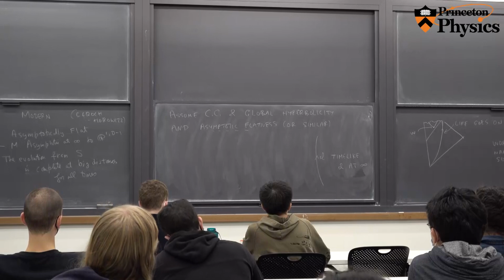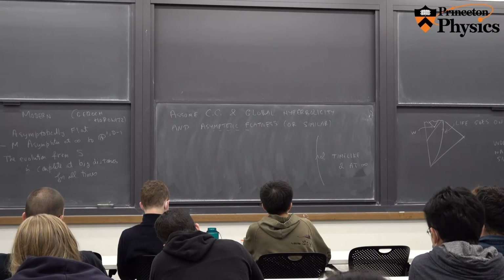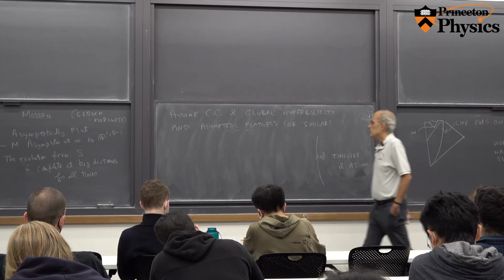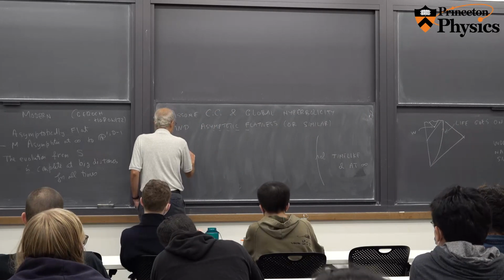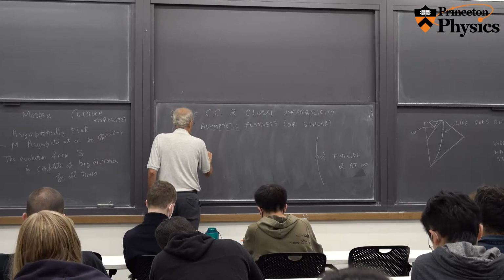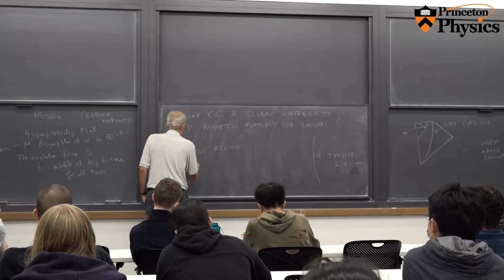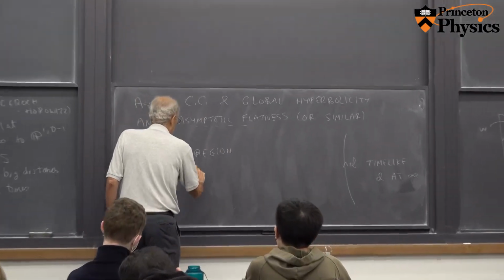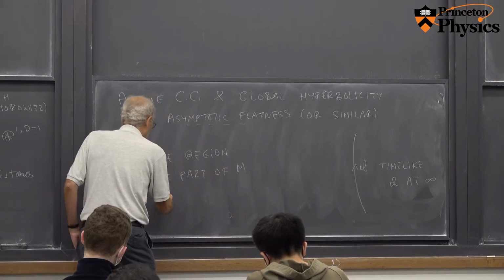And we want to think of an observer who's more or less at rest. The observer might accelerate a little bit, but not drastically. So, an important definition is this. The black hole region is the part of space-time that the observer can't see.